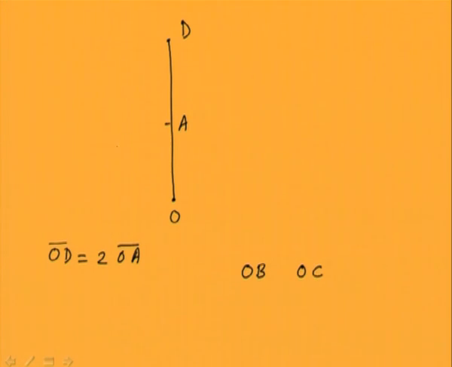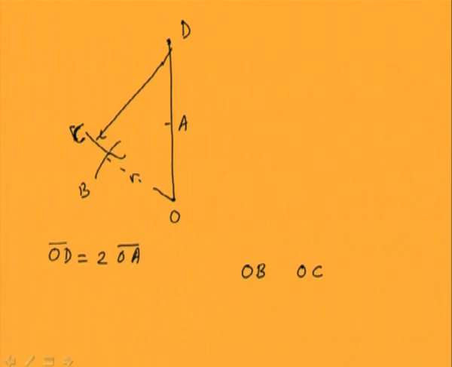From O we'll cut an arc of radius OB in this direction, and with D as the center we'll make another arc with radius OC.